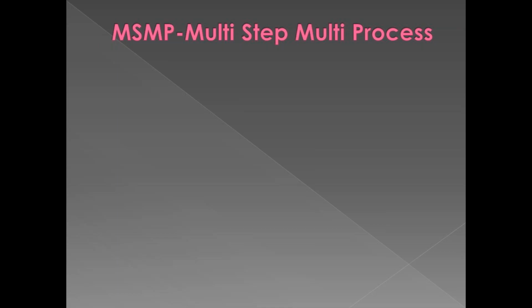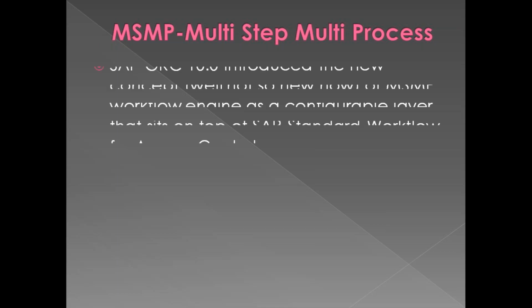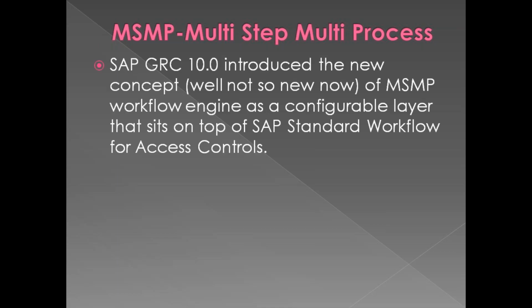It provides the flexibility to enable a single request to be split and routed to different approvals. If it is yes it will go to this place, if it is no it will go to this place. Like this it divides everything into multiple approval steps depending on the business requirement.